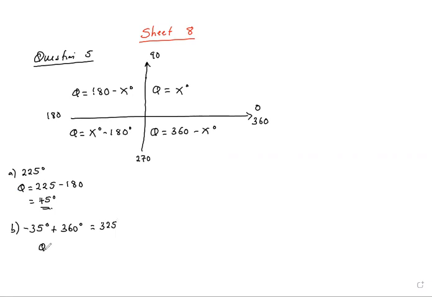We'll say theta, which is the reference angle, is the same as 360 minus 325. So this is a special quadrant, because it will just give us a positive of it in that manner.